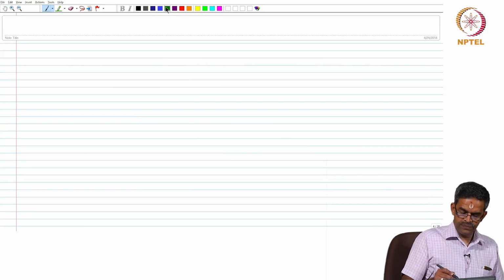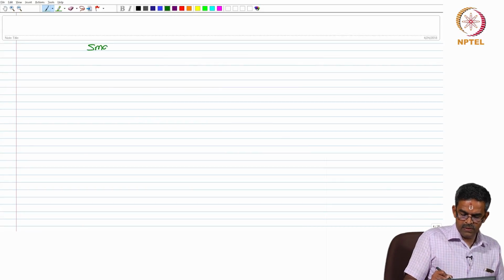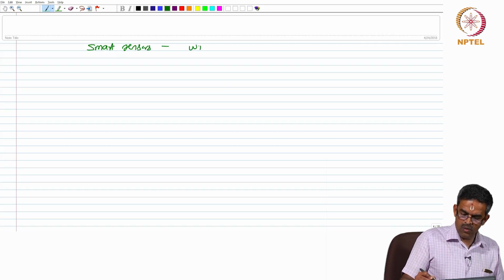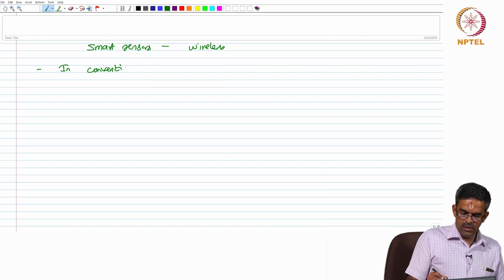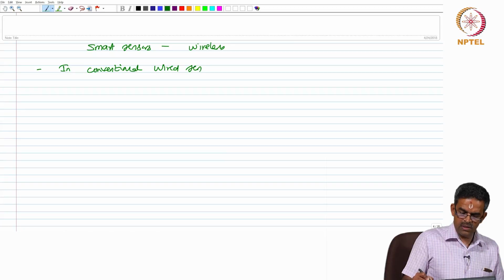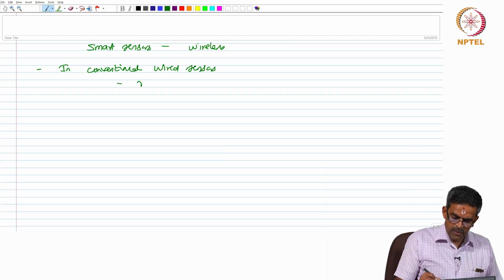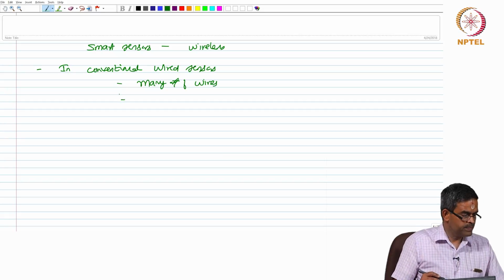Now, smart sensors more or less are wireless. Let us compare them with wired sensors. In conventional wired sensors, there are many number of wires.